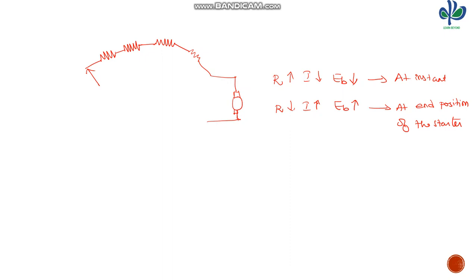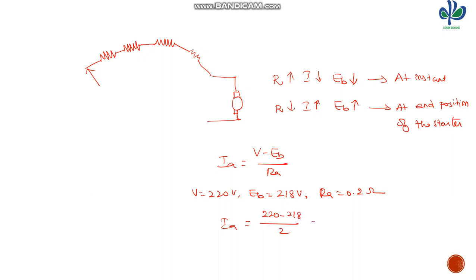So the equation becomes IA is equal to V minus EB divided by RA. V is 220 volts, EB may be 218 volts, and RA is equal to 0.2 ohms. If we substitute, IA is equal to 220 minus 218 divided by 0.2, so we get 10 amps.